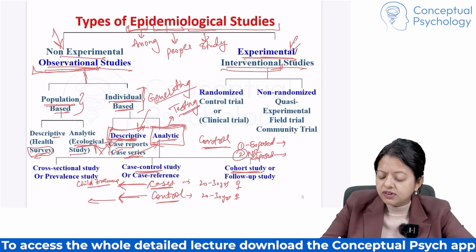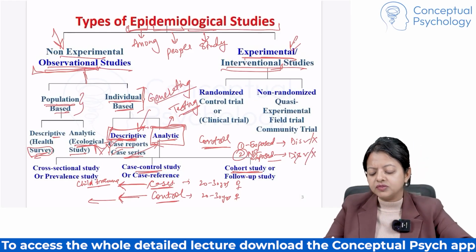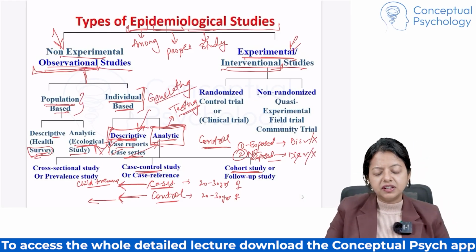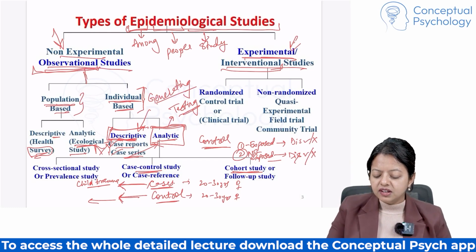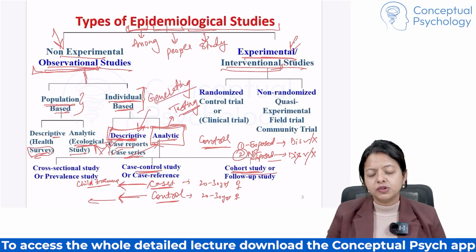And we want to see whether with time they develop the disease or do not develop the disease. Similarly, in the other group, whether they develop the disease or not. So this is a follow-up study. And then we find out the association, the measure of association.